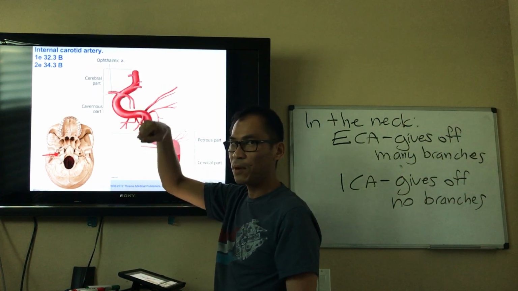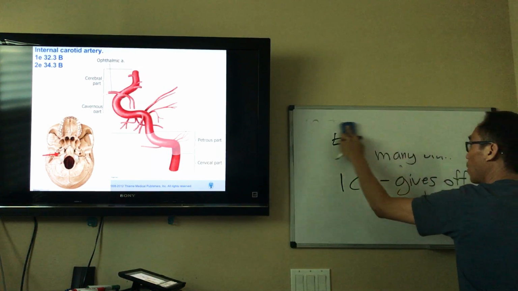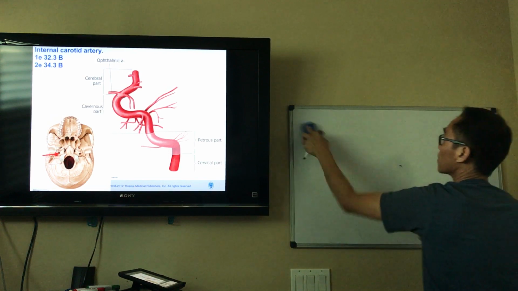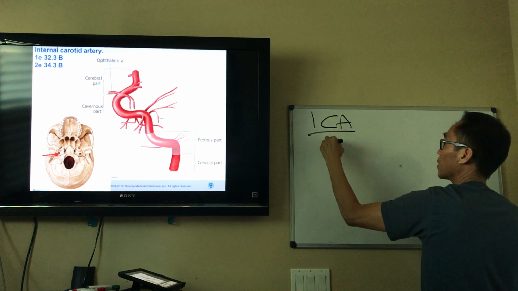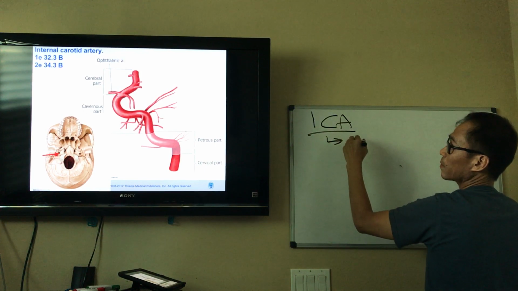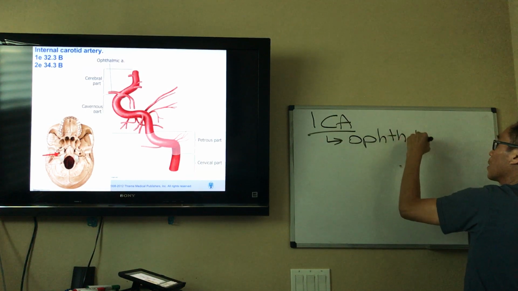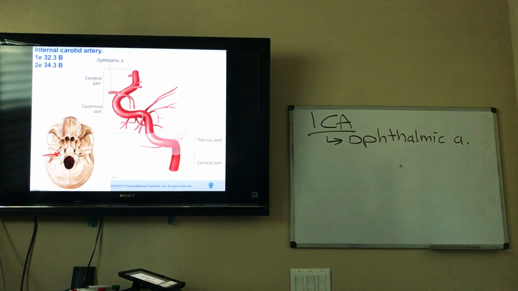That's ophthalmic. So note the ophthalmic artery, the one branch you got to know of internal carotid artery. Ophthalmic artery supplies blood to eye and orbit.